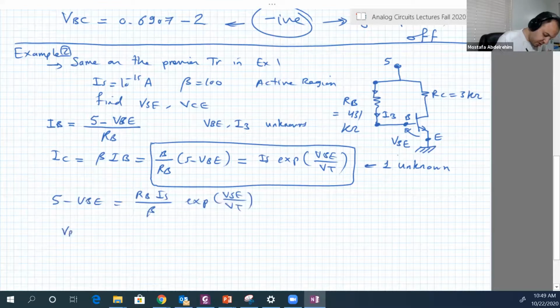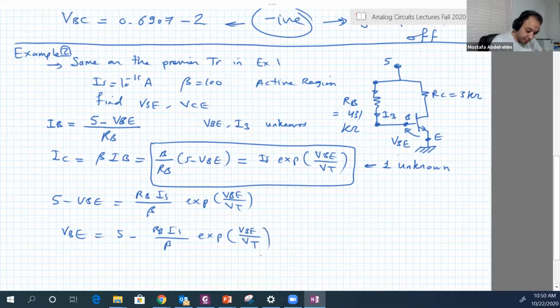So VBE is equal to 5 minus this stuff, RB IS over beta exponential VBE over VT. But again, we still have VBE on one side and another VBE on the same side in the other side.